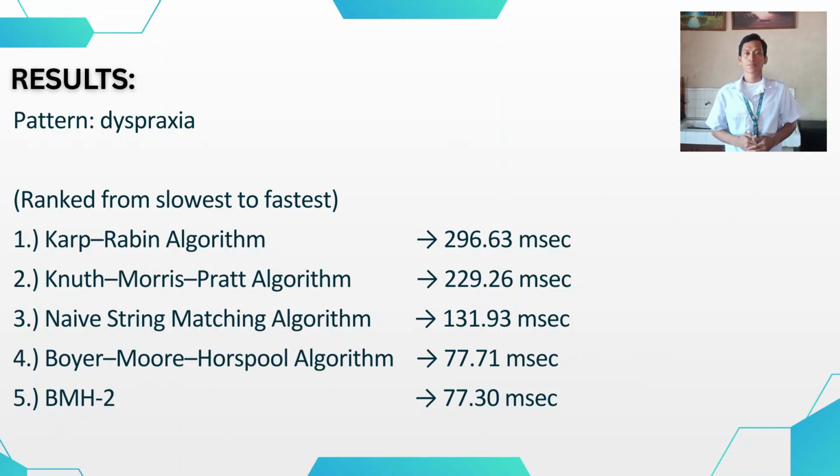For the word dyspraxia, the result shows that the Karp-Rabin algorithm is the slowest, which has 296.63 milliseconds, followed by the Knuth-Morris-Pratt algorithm, which has 229.26 milliseconds, then the naive string matching algorithm, which has 131.93 milliseconds, then the Boyer-Moore-Horspool algorithm, which has 77.71 milliseconds, and BMH2 is the fastest, which has 77.30 milliseconds.